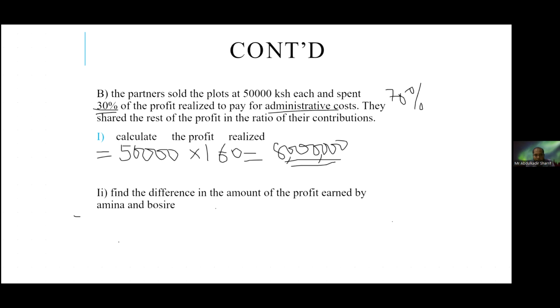So I'll find 70% of 8 million. So I'll take 0.7 because 70% is just 0.7, times 8 million. So 70% of 8 million is 5,600,000 shillings.